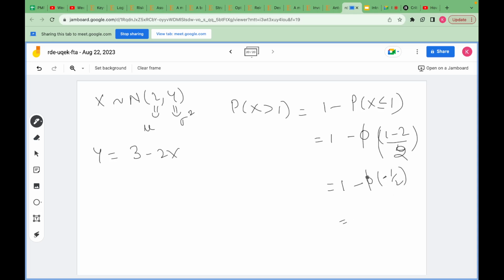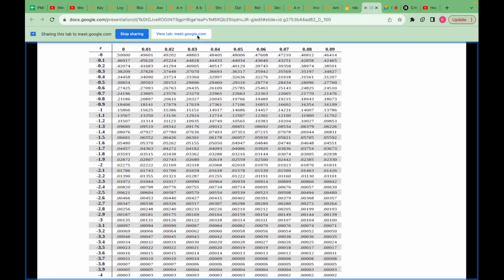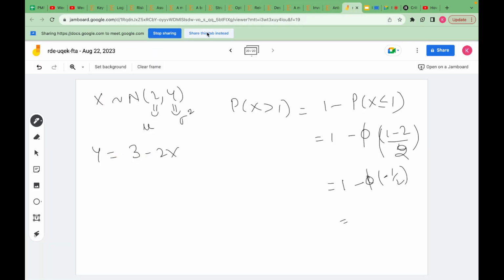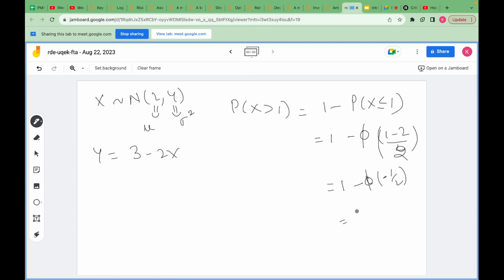So you will find the value of the psi function using the z scale at minus 0.5. At minus 0.5 the value is 0.30854. So 1 minus 0.3085 is 0.6915.